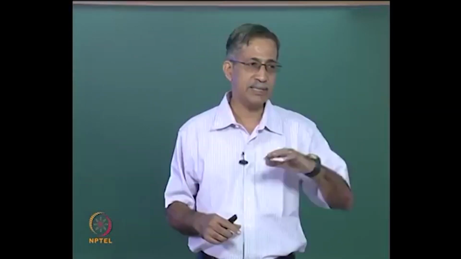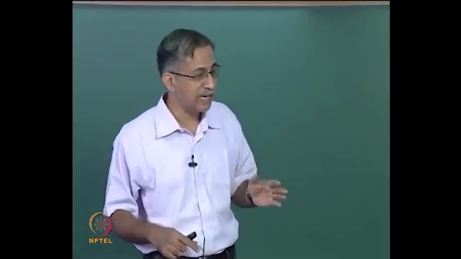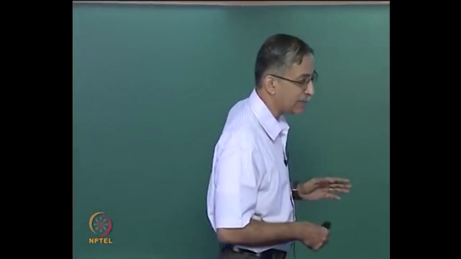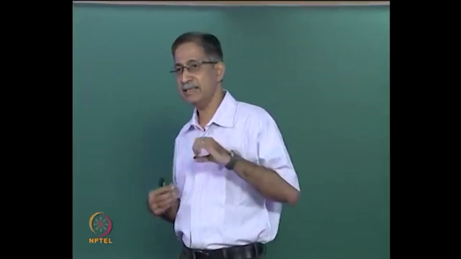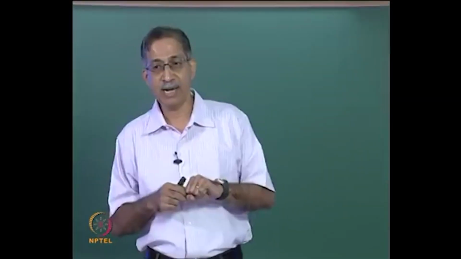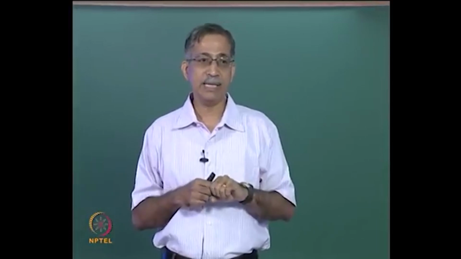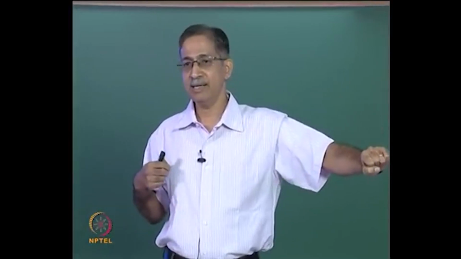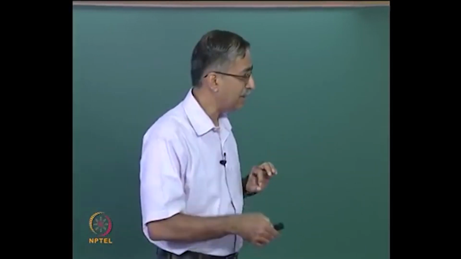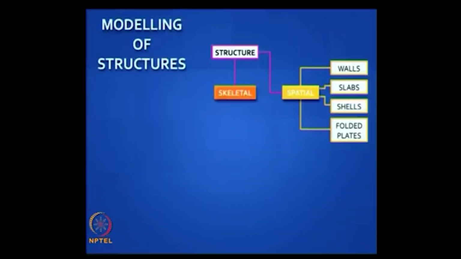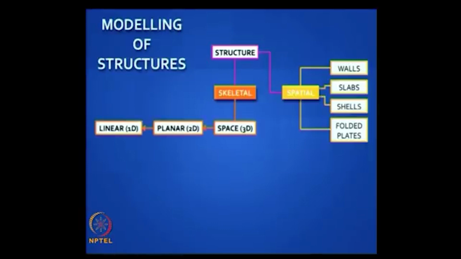So for example a slab or a plate or a shell, they constitute spatial elements, whereas the skeletal element like the human skeleton is made up of line elements whose length dimension is very large in comparison with the cross sectional dimensions. And we all know that in the first course in structural analysis we deal with the skeletal elements, the spatial elements is a little advanced to be taken up later.